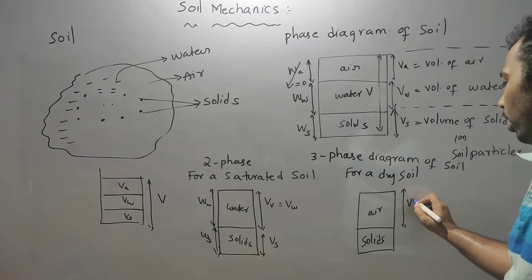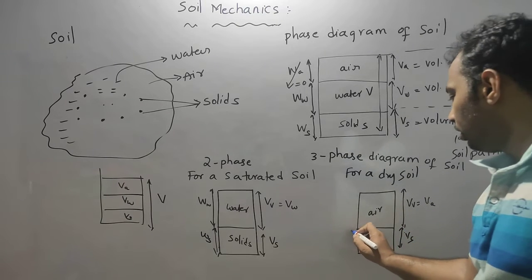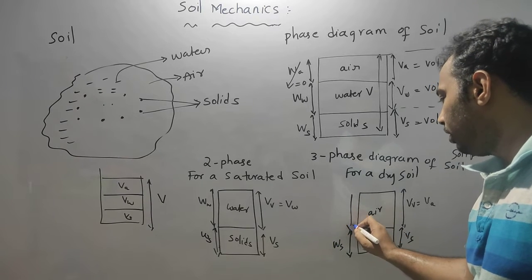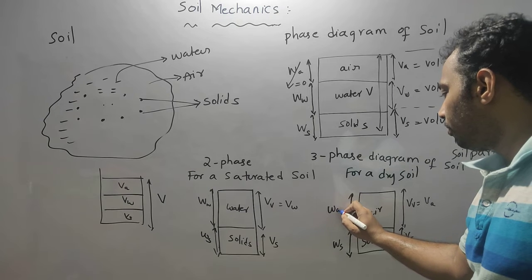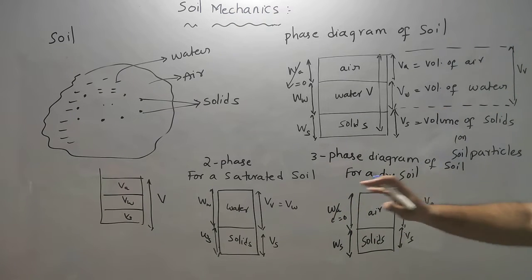So this is volume of voids, which is equal to volume of air, and this is volume of solids, and this is weight of solids, and here weight of air, which is negligible. So these are the two-phase diagrams.